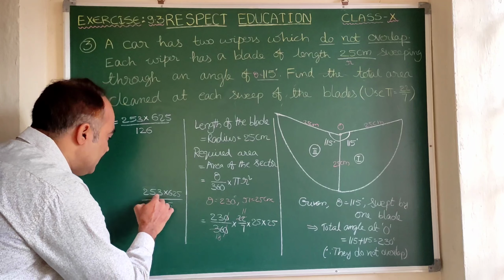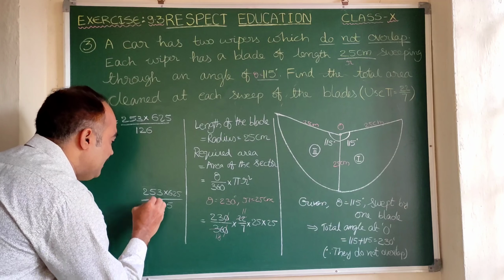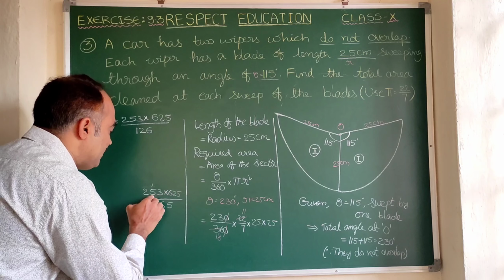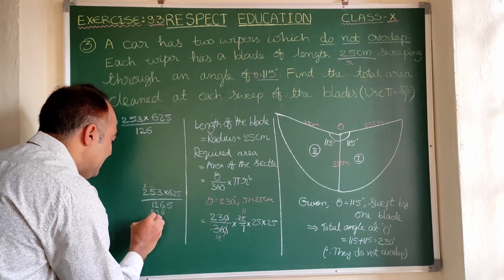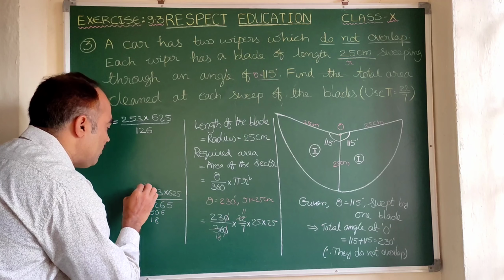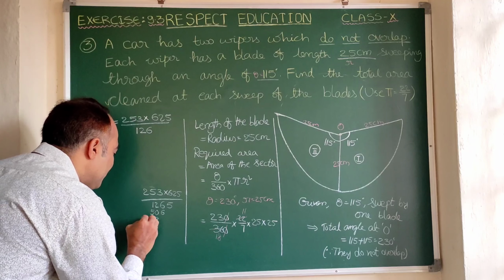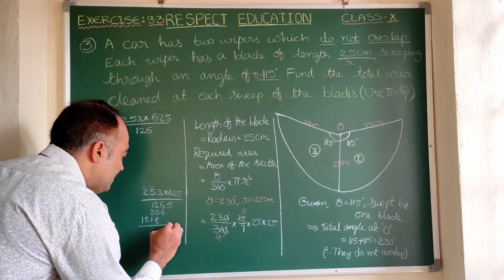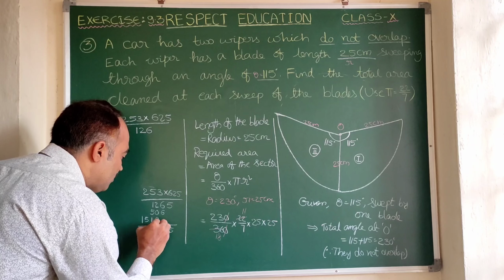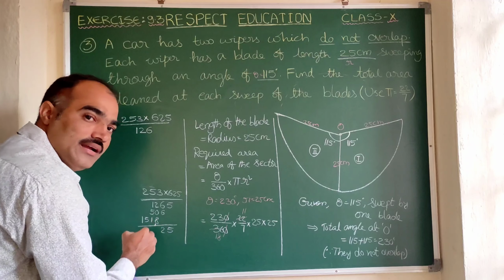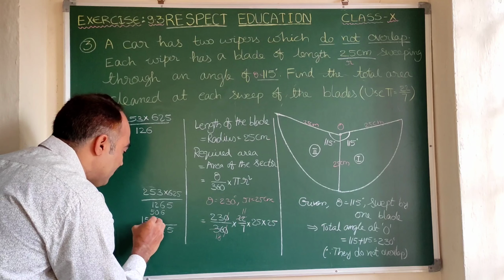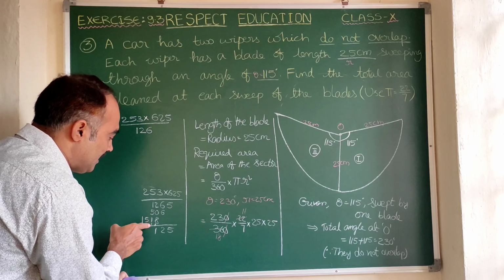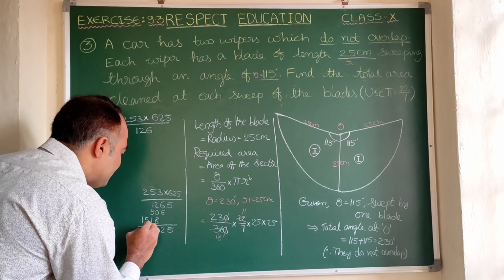Now with 6. 6 3s are 18, here 1 is carry forward, 6 5s are 30 plus 1 is 31, 3 here, 1 here, 6 2s are 12, 12 plus 3 is 15. So here on adding we get 5, 6 plus 6 is 12, here 1, 8 plus 2 is 10, 10 plus 1 is 11, here 1, 5, 6, 7, 8.